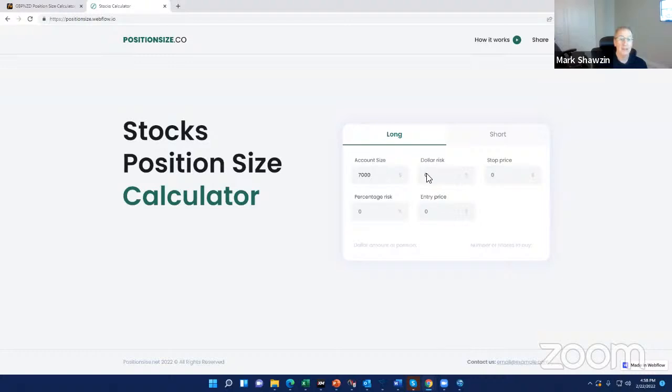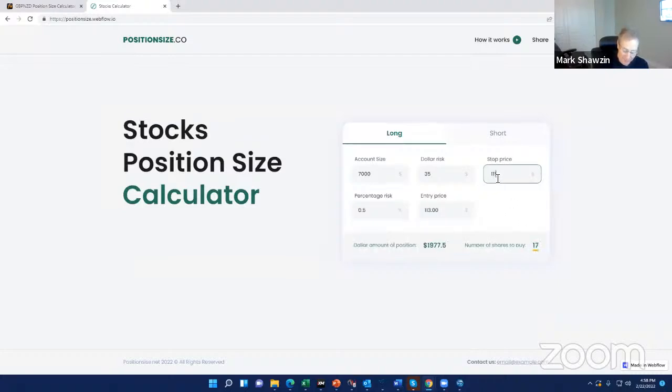I don't know why it's not allowing me to. The percentage risk, 0.5%. Your entry price is $113 on BABA, let's say. Your stop price is $111, and you can buy 17 shares.